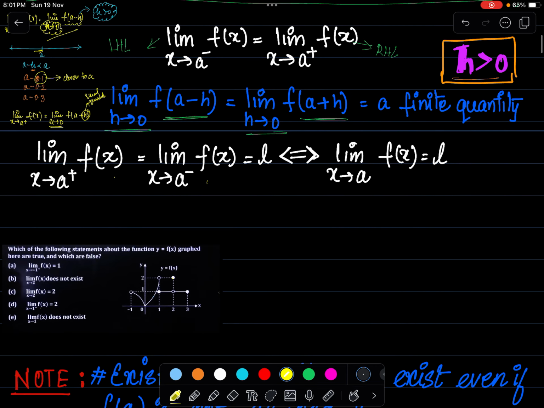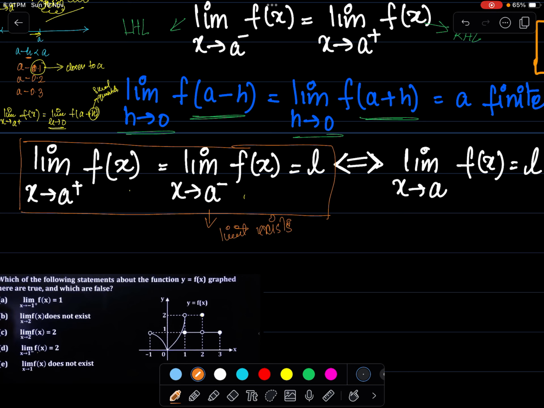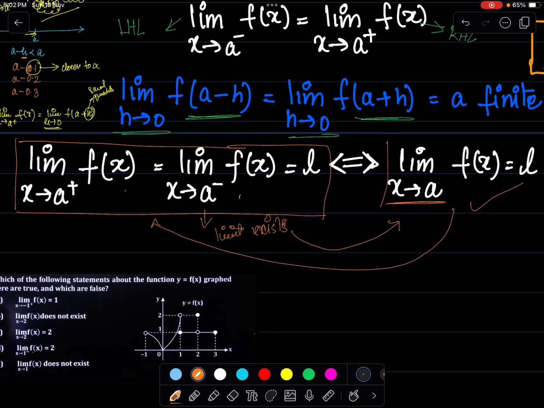Now the next line, which is very important, is like a condition: when can you say it is equal or not? You can see that the left hand limit is equal to the right hand limit is equal to a finite quantity. So here I can say the limit exists. From this I can write this equation, so here there is no sign now. And if this is written anywhere, I can come back and write these two equations as well. So this is vice versa.